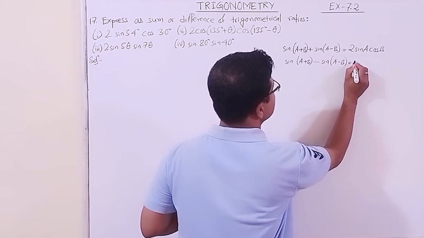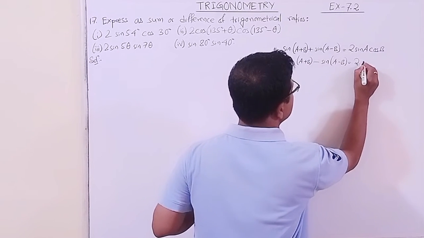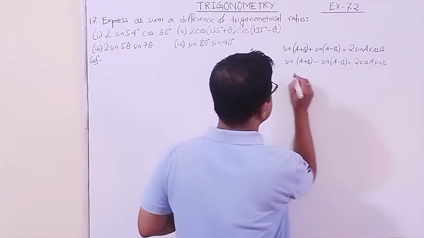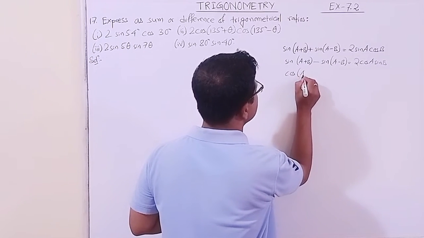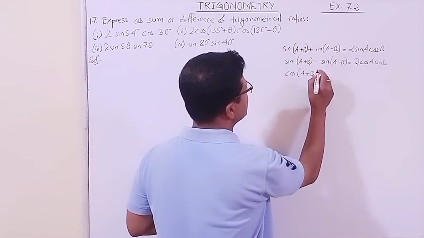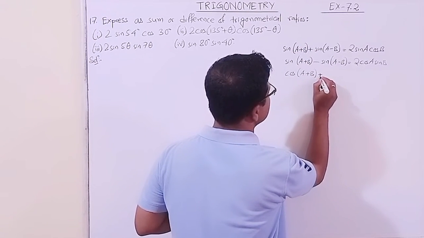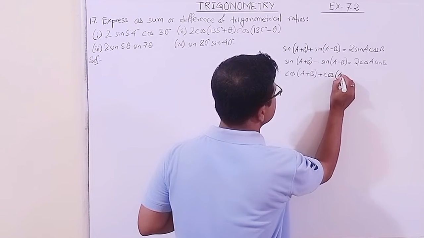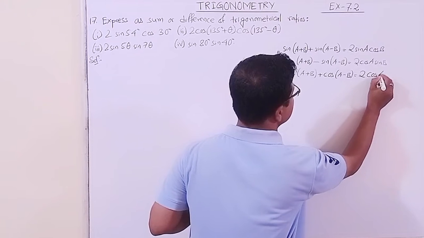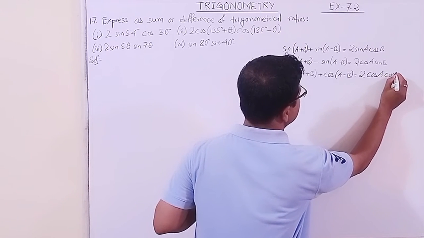They are interchanged, that is twice cos a sine b. And if in place of sine we write cos of a plus b plus cos of a minus b, what we get? Twice cos a cos b.